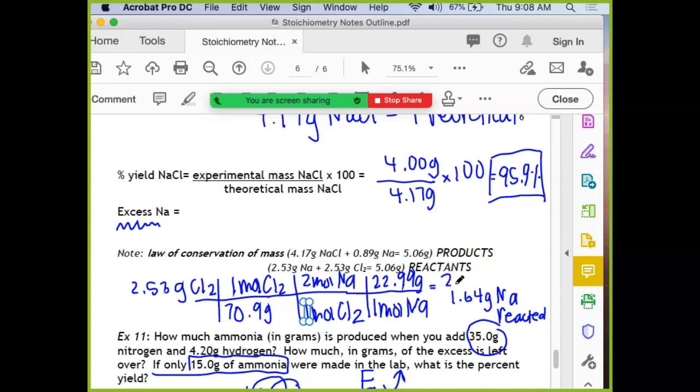So we had 2.53 grams of sodium to start the reaction. That's how much we had initially. So if this is how much was lost or consumed or used or reacted, those all mean the same thing. The subtraction of these two numbers is what gets us what's left over. It's like me saying I give you $2.53 and then I take back $1.64. How much do you have left? It's the same concept, but with chemicals and not money.